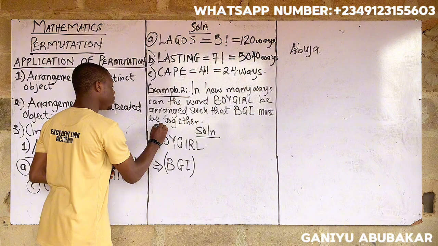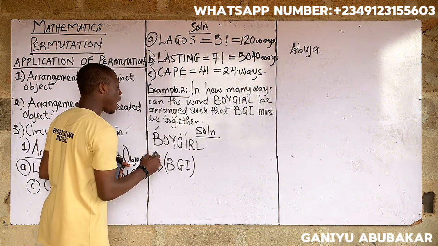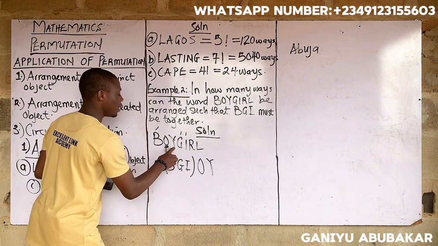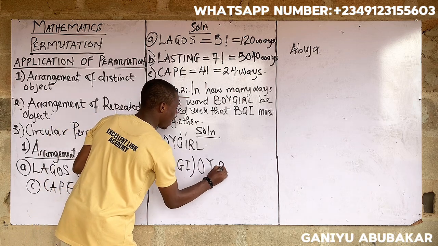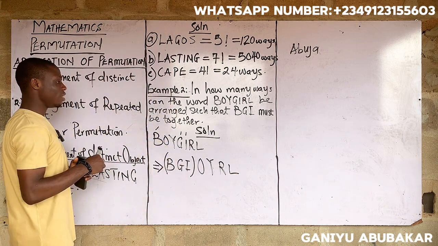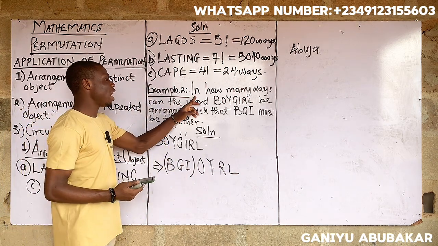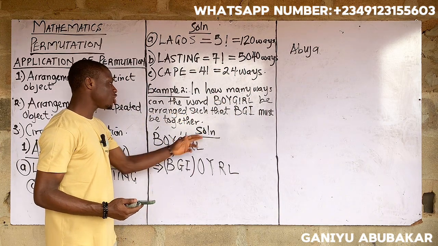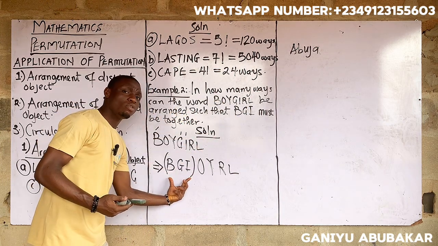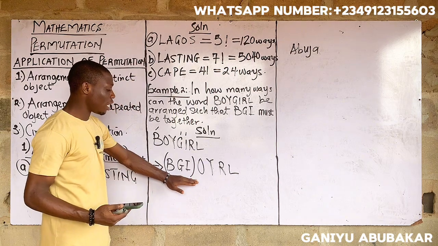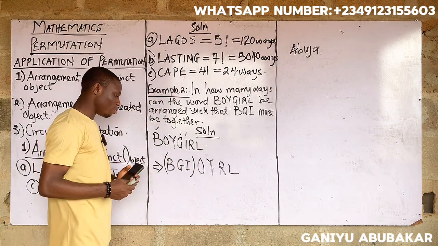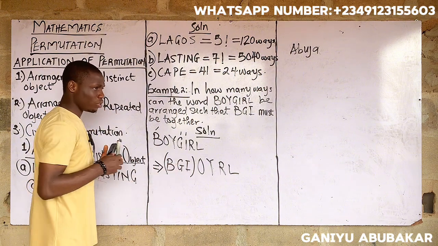If I pick up B, G and I, I'm left with O, Y, R, and L. Observe, please. The question says, in how many ways can the word BOYGIRL be arranged such that BGI must be together? So if BGI must be together, I'll have something of this nature. So in how many ways can the word be arranged? Now, how do you solve this one at this point?